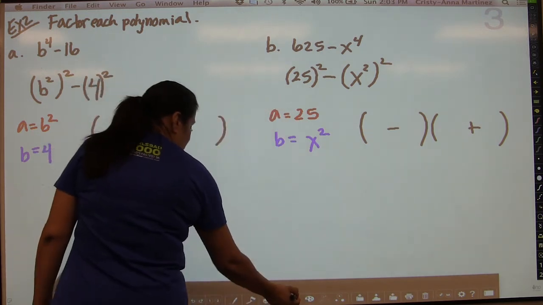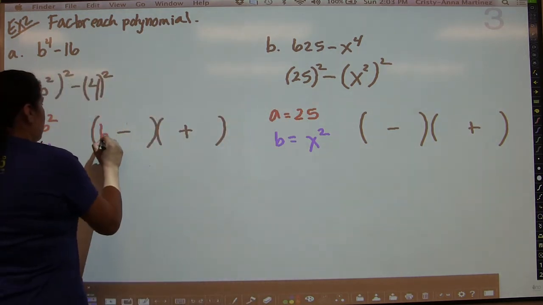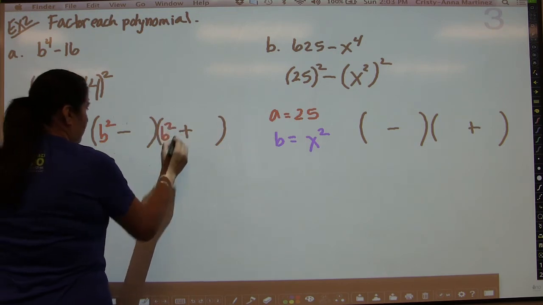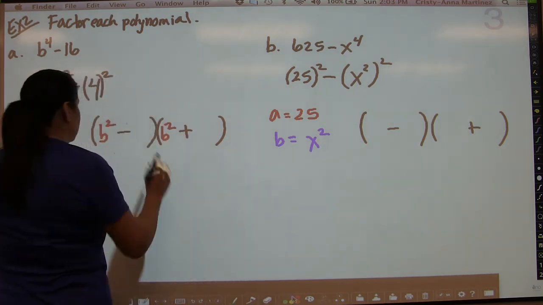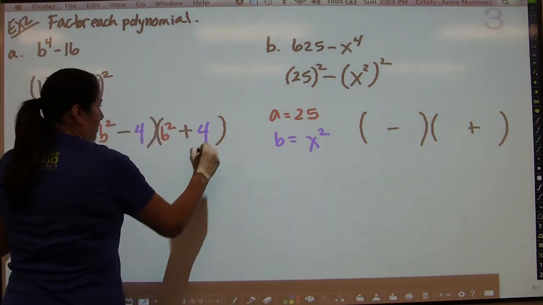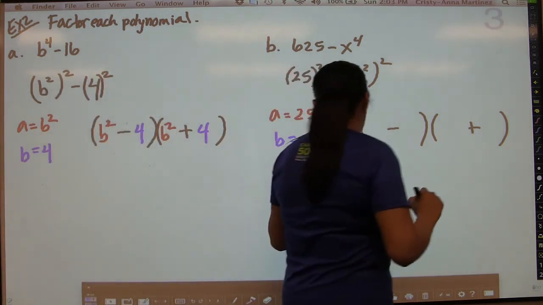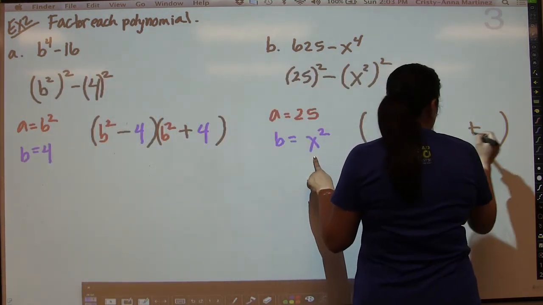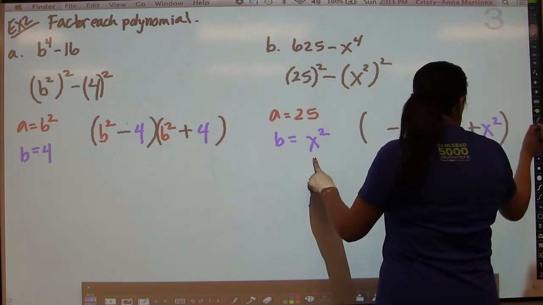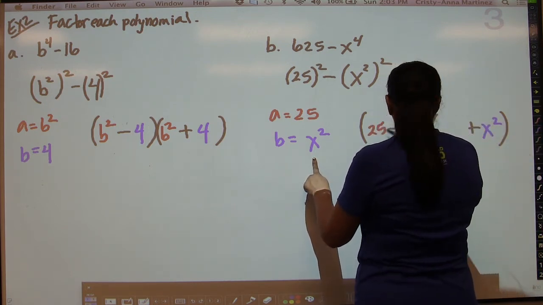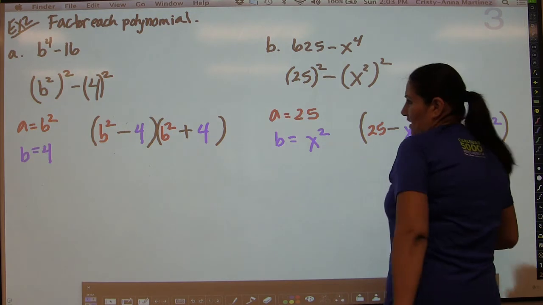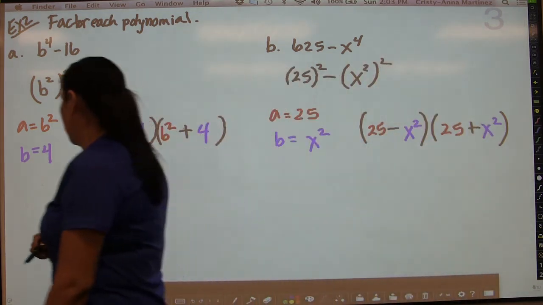So in this case, A is b squared, and b is 4. In this case, b is x squared, and A is 25. So you get this, b squared minus 4 times b squared plus 4.